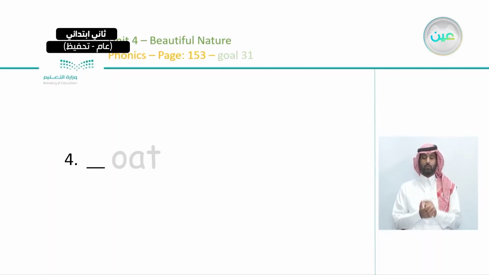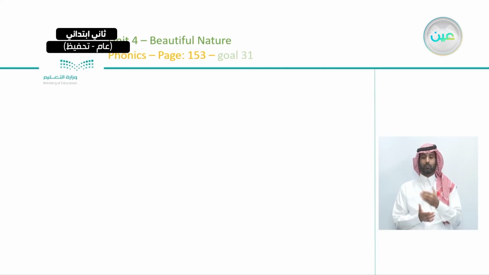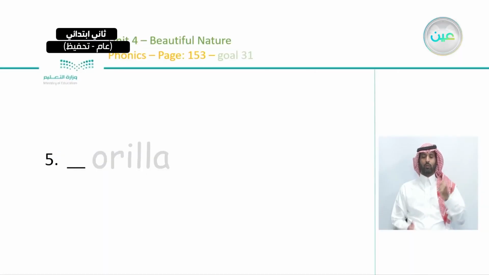Because it's goat. That's right. So G-O-A-T. Then you can write it there. Okay. Number 5, gorilla. Is it C or G? Yes, G. Why? Because it's what? Gorilla. Excellent. So this is gorilla, and you can write gorilla in there.